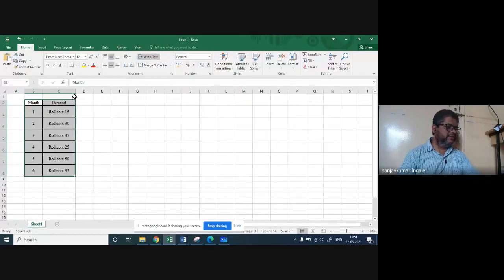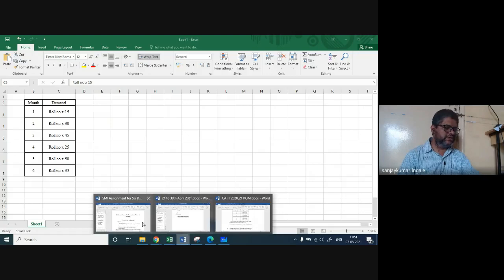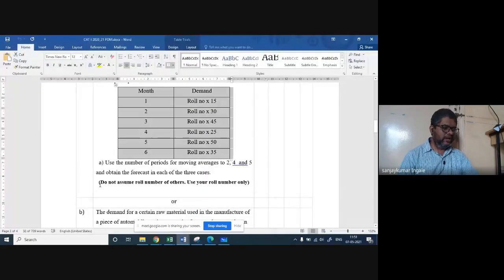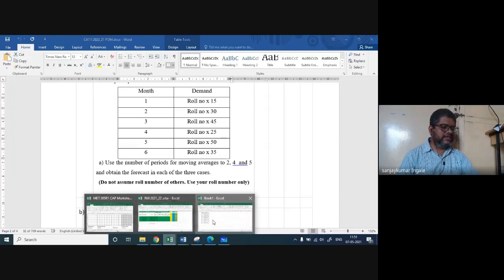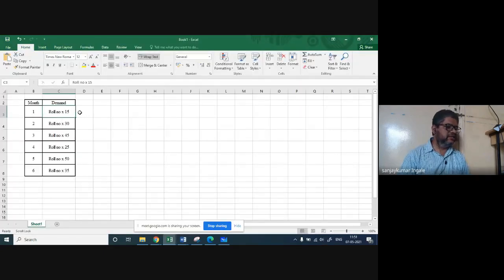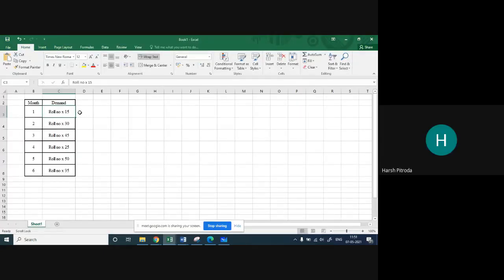You see, this was a table for the first 6 months, and it was specifically mentioned in the question. Some of the students have assumed the roll number. Do not assume the roll number of others. You have to use your roll number only. Can anyone tell me his roll number so that I will solve for his case? 10. Okay.